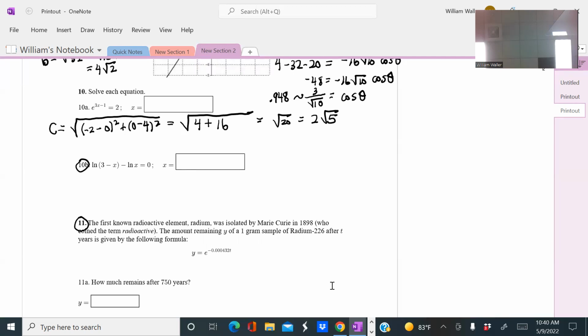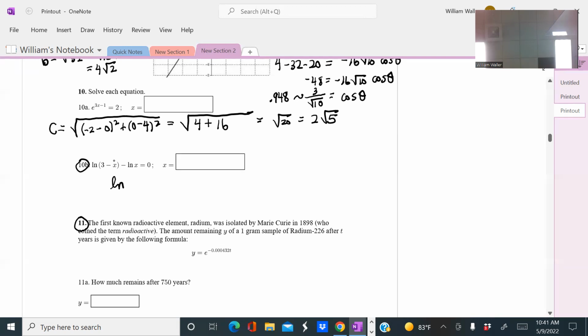Now, I threw a little bit of a curveball at you here in this problem, because this is natural log of 3 minus x minus the natural log of x. Most examples we've seen are natural log of quantity plus natural log of another quantity. And when you have the sum of two natural logs, remember that's the natural log of the product. But here we have the difference of two natural logs. So how do you combine those?